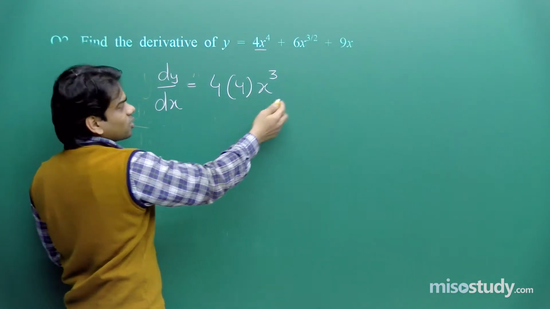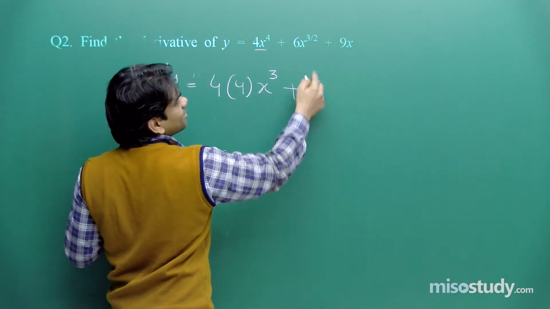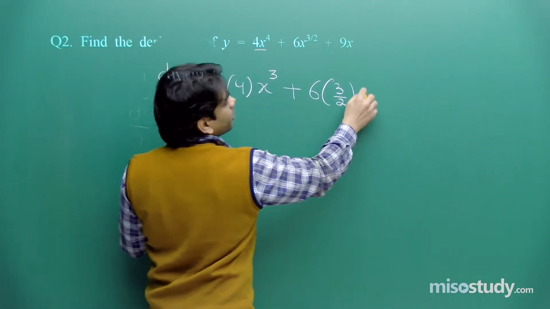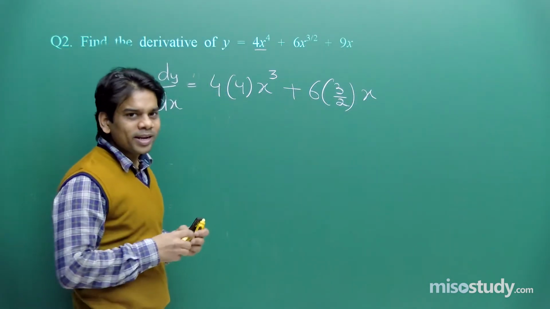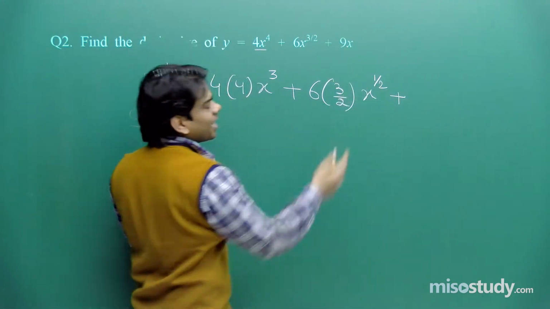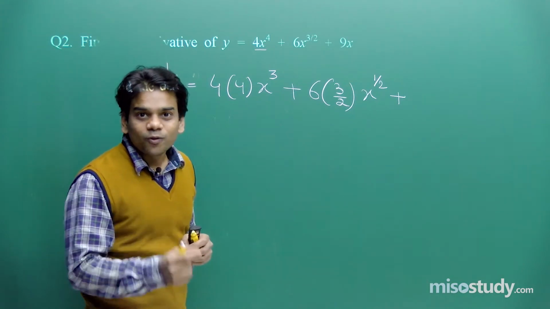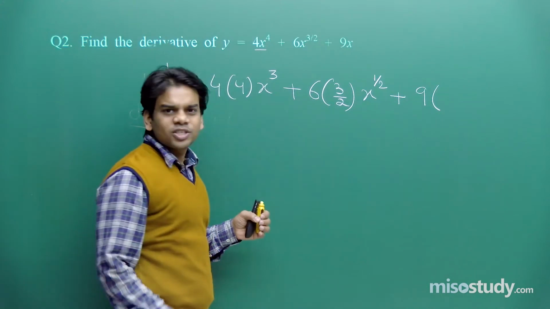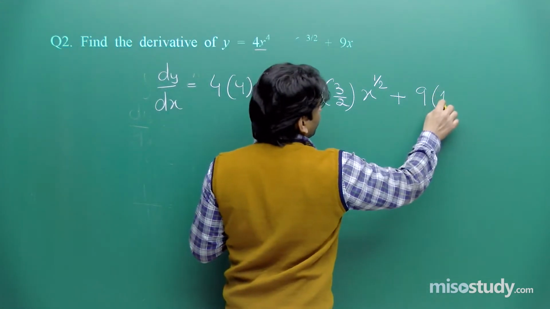So I'm writing directly x cube plus 6, 3 by 2, you bring it here, 3 by 2 and x power 3 by 2 minus 1, you'll be left with 1 by 2, plus 9x. 9 is the coefficient, keep it as it is, it's a constant, and differentiate x. Differentiation of x is 1, so I'm going to keep it as 1.